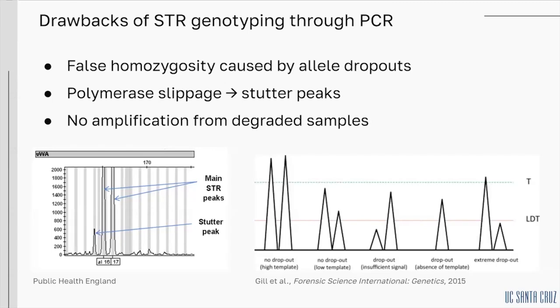Furthermore, polymerase slippage is a common problem, which results in fragments of various lengths that show up as stutter peaks in the electrophoresis signals and can complicate the interpretation of the data. And finally, in extremely degraded samples, or samples that have very little quantities of DNA, fragments cannot be amplified at all with PCR, and this method would simply fail.